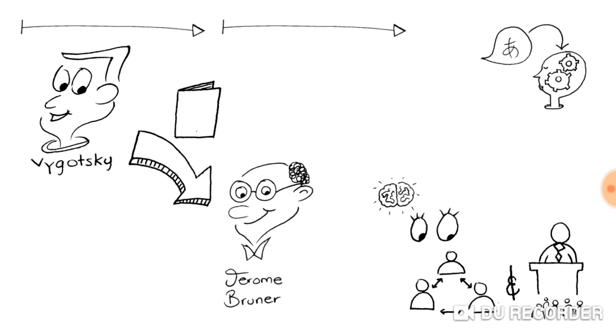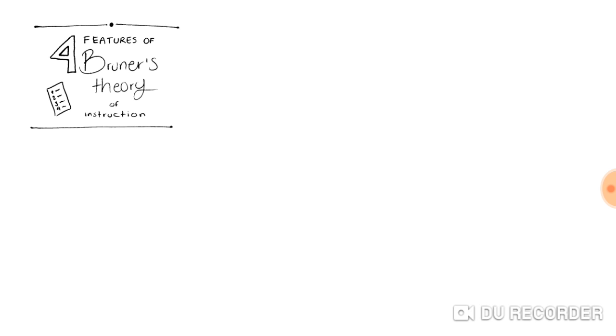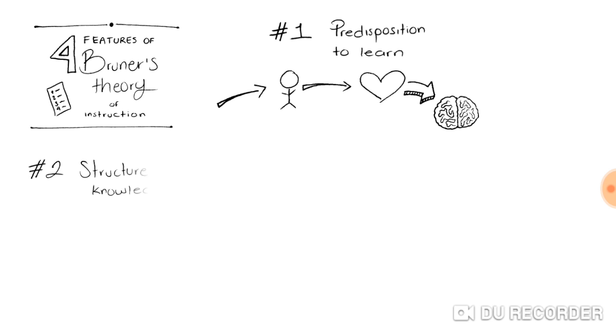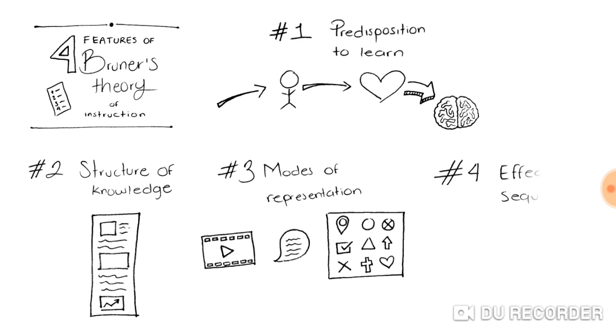He stressed the importance of social setting in the acquisition of language. There are 4 features of Bruner's theory of instruction. Number 1, predisposition to learn. Number 2, structure of knowledge. Number 3, modes of representation. And number 4, effective sequencing.